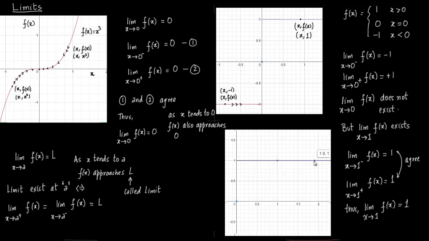So you see only the x coordinate is varying and the y coordinate or the f of x is constant at 1. So you can see at the point 1, 1, the limit from the negative side and positive side agree, and thus the limit exists.